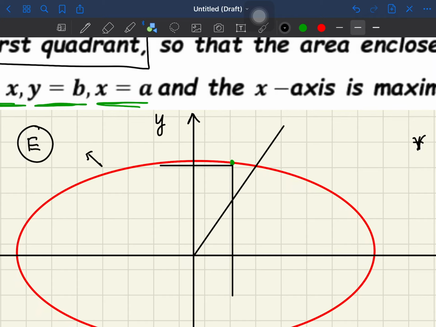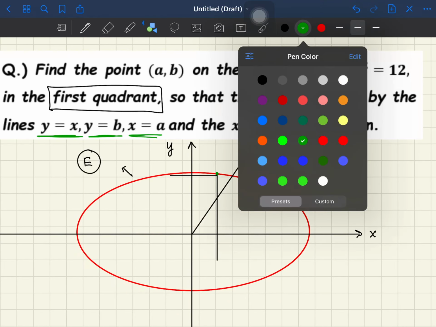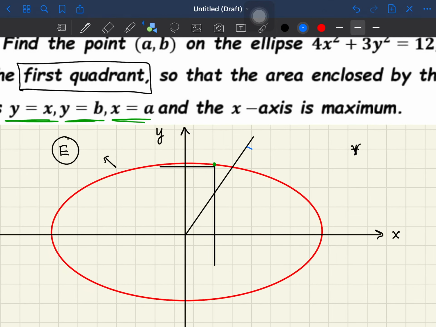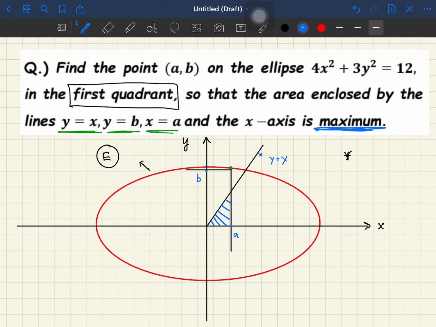So you have an area, which I'm going to mark in blue, enclosed by y equals x, which is this one, and then y equals b, and x equals a. These three lines, 1, 2, and 3, enclose an area of A, which is here, and the area must be maximum.